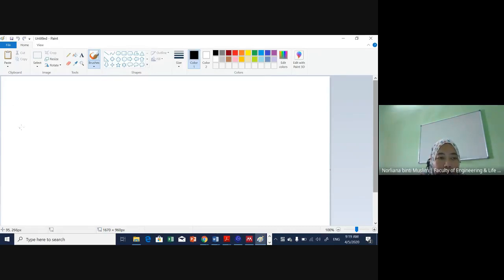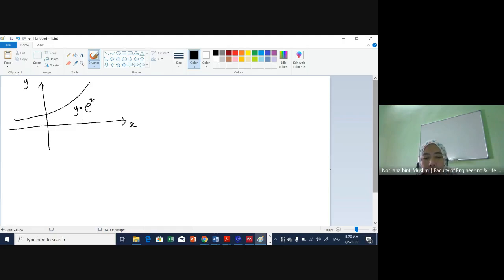First one, this kind of graph, let's say in terms of x and y. This equation will be y equals e to the power x. This is exponential, e to the power x, so e to the power x is non-linear.